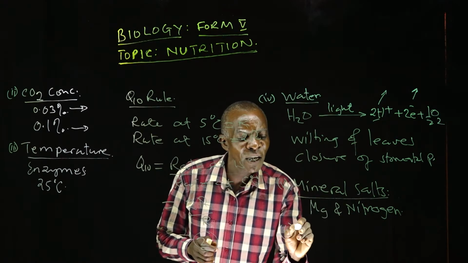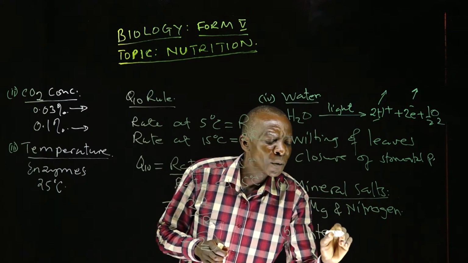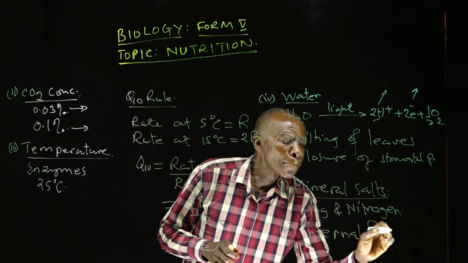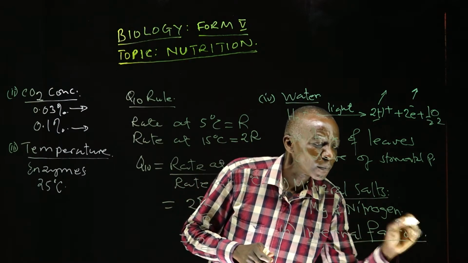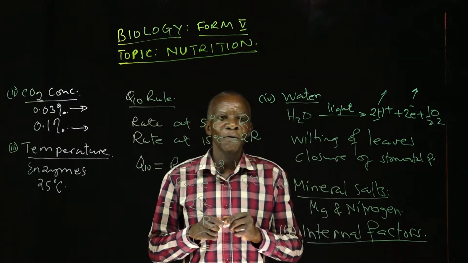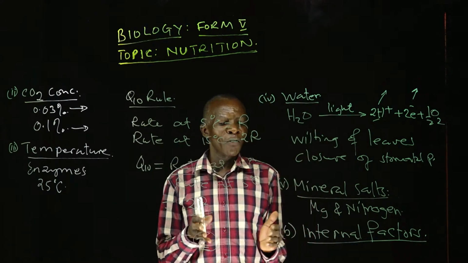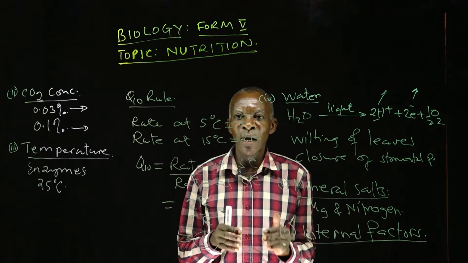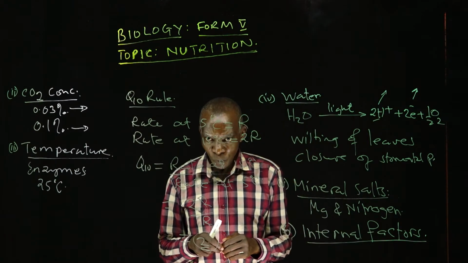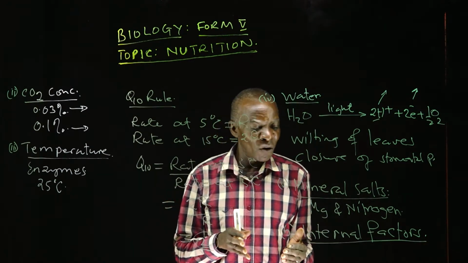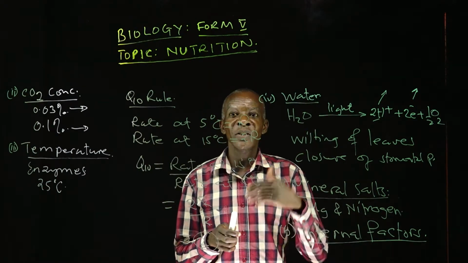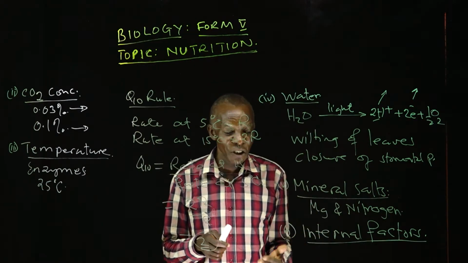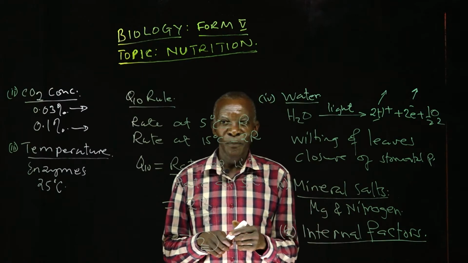Second one, we have internal factors. Internal factors, or simply plant factors. These are called plant factors because they are related to the structure and the physiology of the plant.